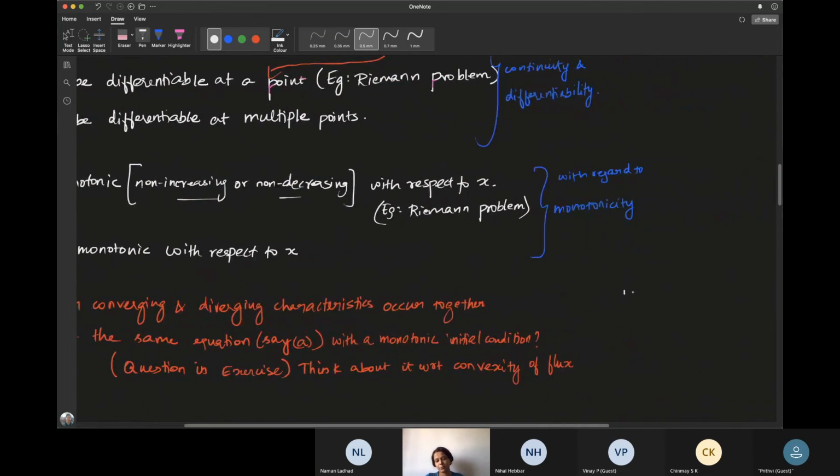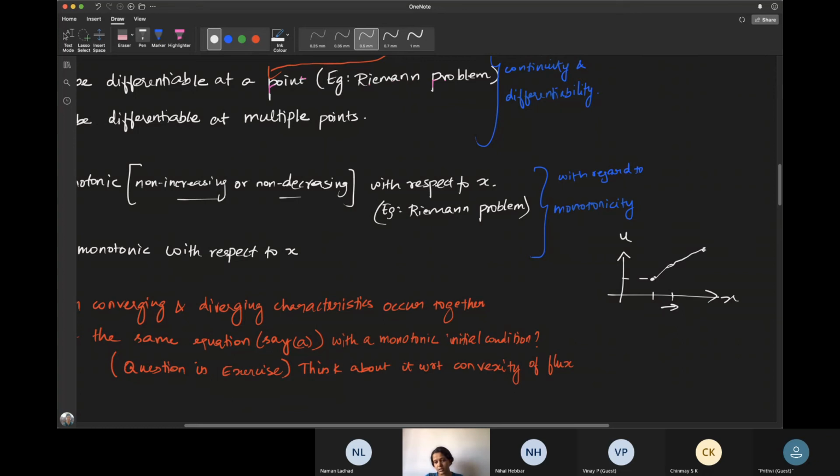When you move from one point to the next point, your function also should increase. That is, you have some x and u, so you have 2 points. When you increase in the direction of x, your function also should increase.